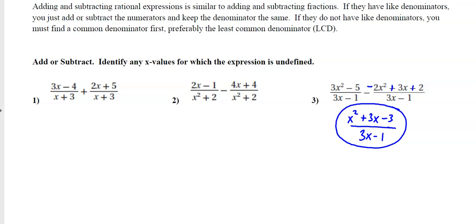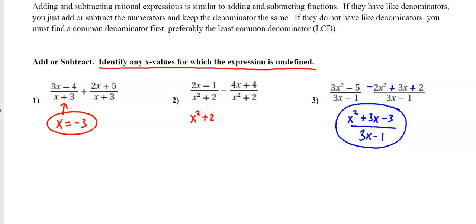It's simplified. Oh, one thing I did not do: identify any x values where it's undefined. Well, x cannot be equal to negative 3 because I will get a 0 in the denominator. Here, when does x squared plus 2 equal 0? Well, when x squared equals negative 2, and x squared can never equal negative 2 unless I do imaginary numbers, which I don't need to do here.